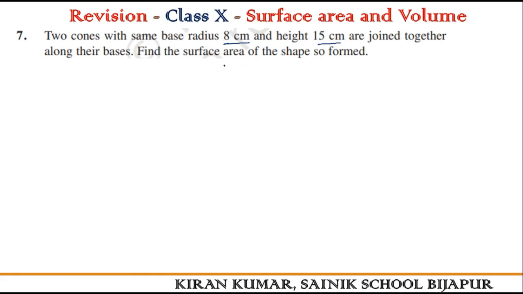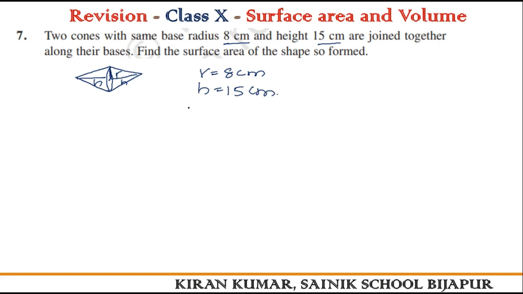So when we join together we get a solid which is having two cones. It would look like this. They are having the same base radius. Let me call the radius as r. So r is 8 centimeter. The height of each cone I'll consider as h. So h is 15 centimeter.